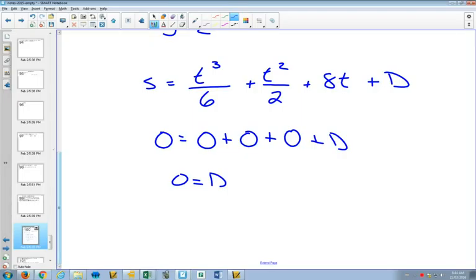So now we can write out our final displacement formula: t cubed over 6 plus t squared over 2 plus 8t. So we find that these kinematic questions generally aren't that difficult. The numbers they use aren't difficult, and it's just a matter of knowing which way you're working: integrate to work backwards, or take the derivative to work forwards.